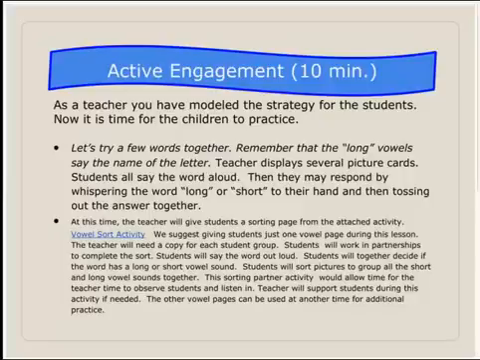Students will together decide if the word has a long vowel or a short vowel sound. This sorting partner activity will allow time for the teacher to observe students and listen in. Teacher will support students during this activity if needed. The other vowel pages can be used at another time for additional practice.